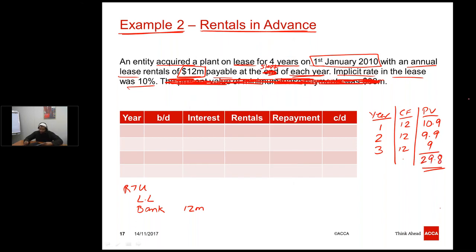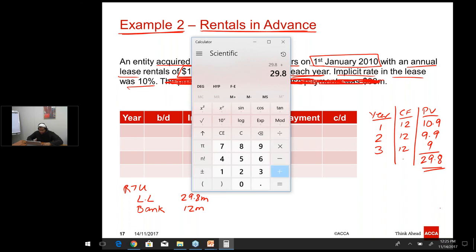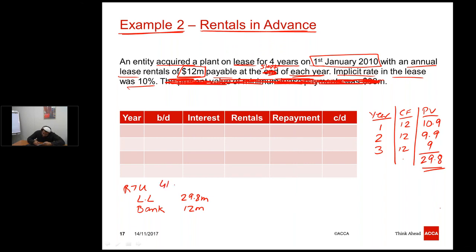So the present value of all future cash flows is now 29.8. Thank you, Neeraj. So the lease liability will become 29.8, and the right to use is the total of these. So 29.8 plus 12 will give us the value of 41.8. So this time the right to use asset is of 41.8.